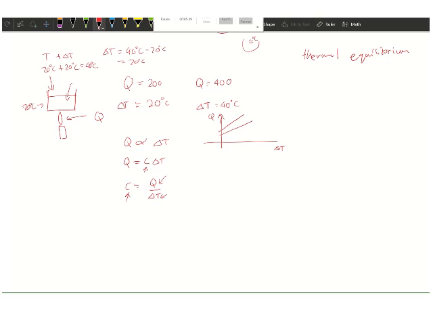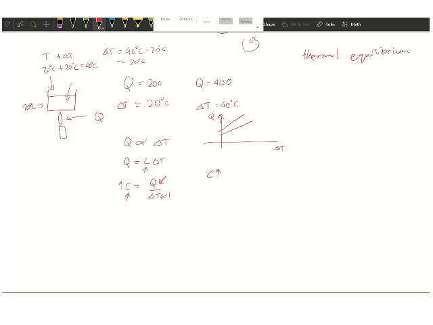So then here we can have multiple gradients which give you different sets of C. Let's say one material has a high value of C, which means it requires more heat just to increase the temperature by one degree, a single degree.